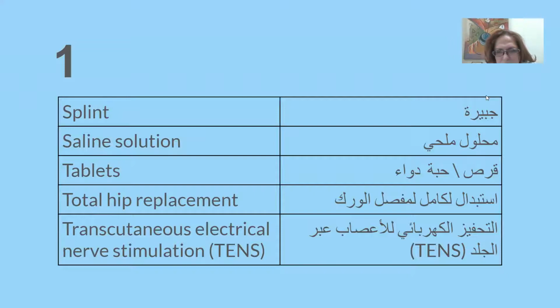It should be al-kamil, al-kamil li-mafsal al-werk, or li-kamil mafsal al-werk. Okay, so there is something missing. I'm going to write it down. So she had one omission? No, she did fine. The writing is not correct over there. Okay, so I got four right? Okay, good, great.